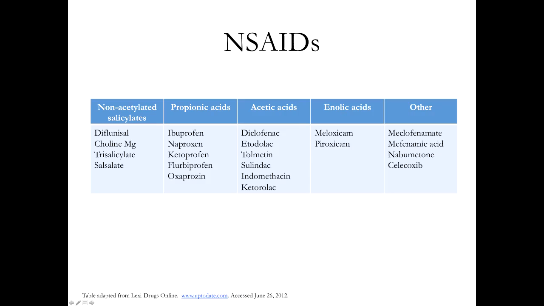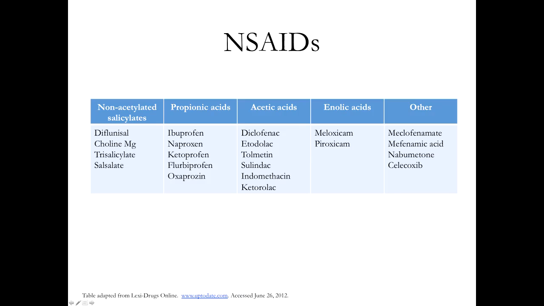So if you've been taking ibuprofen or naproxen and both of those drugs don't work, please don't assume that all NSAIDs don't work, because there are structurally different NSAIDs that may actually provide some benefit to the patient. And so don't necessarily throw the baby out with the bathwater if you're going to say, no, we're not going to do any of these anymore.